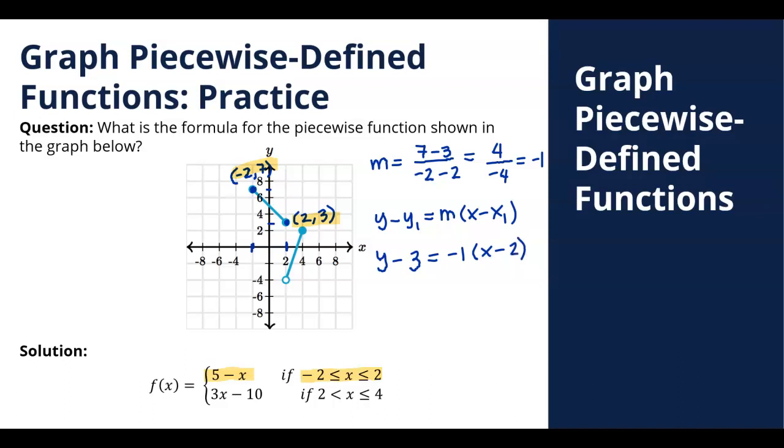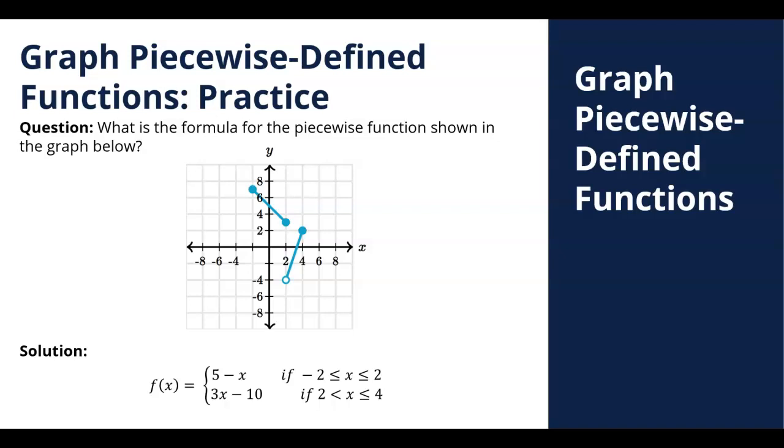And then you simplify. So we have y minus 3 is equal to negative x plus 2. You distribute negative 1 to each term inside the parentheses. And then to solve for y, you add 3 on both sides of the equation. That gives you y equals negative x plus 5.